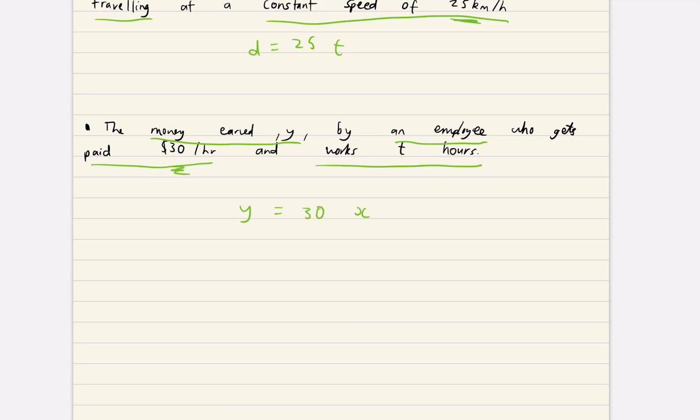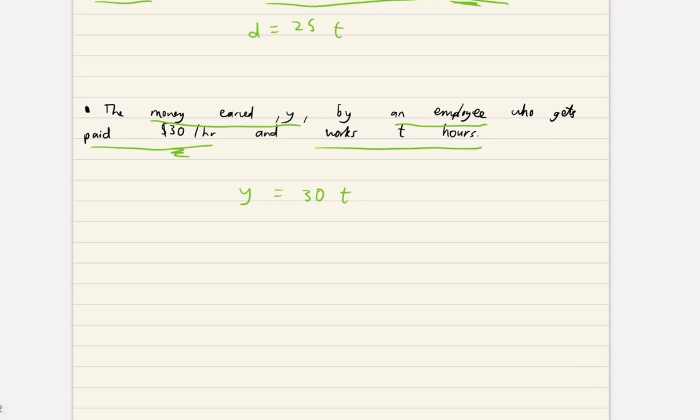So y is always equal to 30 times whatever t is. So no matter how many hours this employee works, he will get paid 30 times the amount of hours he works. That's the amount of dollars that he earns, or the money that goes into his pocket.